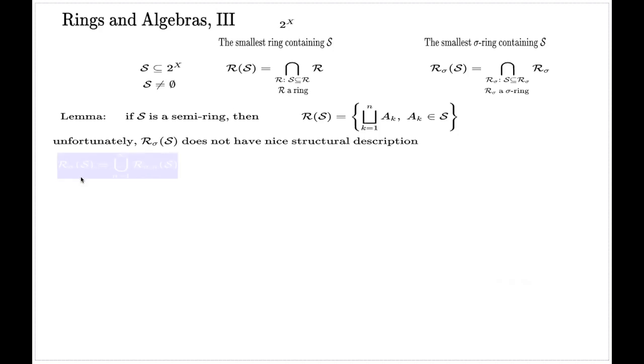You can describe this minimal sigma ring as a union of collections like this. Collections R sigma n. And these collections R sigma n are constructed like this.